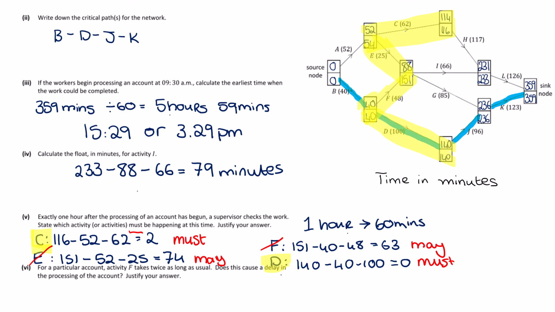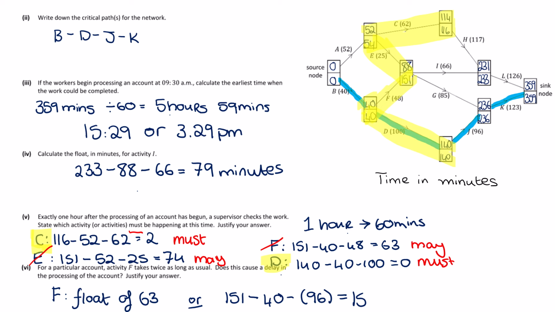The good news is we've already worked out the float. F has a float of 63. The duration is 48. If we double the duration, it will be 151 minus 40 minus 96, because it's doubled, and that would leave 15, which still leaves time.